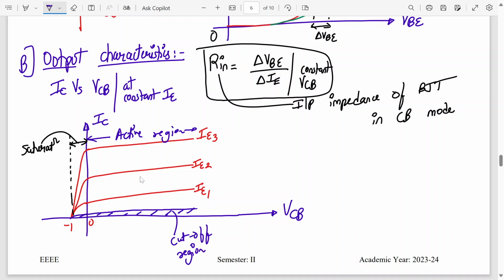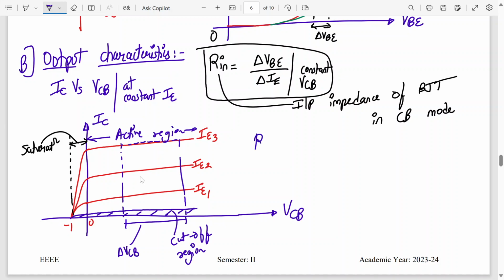I can also determine the value of Rout. How will I determine the value of Rout? I'll take two values, one from here and one from here. That will give me delta VCB, and this value will give me delta IC.